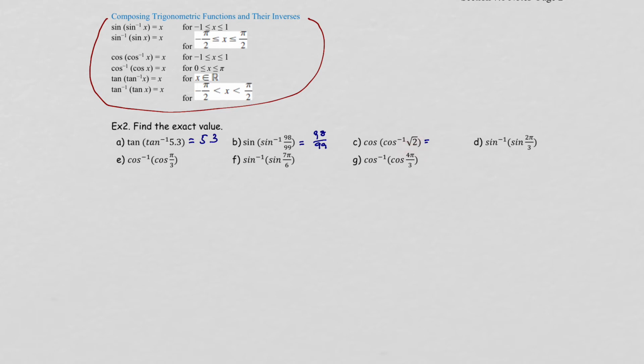And square root of 2, what's the square root of 2 value? Square root of 2 is about 1.41, which is outside of the domain. In that case, you will not have exact solutions, so there will be no solutions.